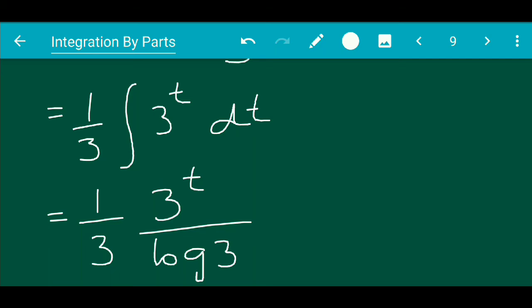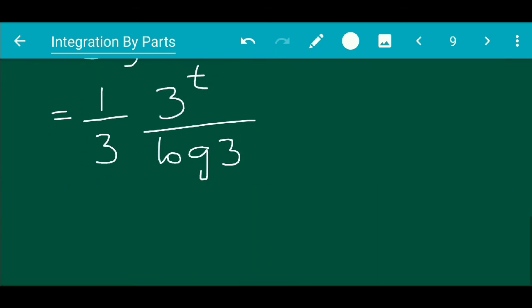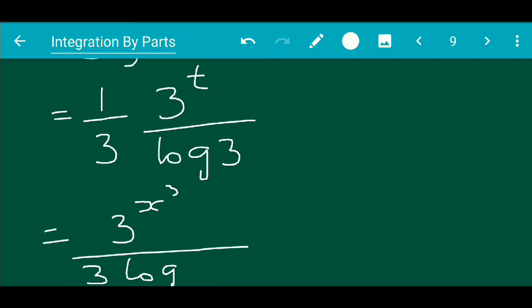So as a result, we can resubstitute over here and get our answer. So we get over here 3 raised to x cube upon 3 log 3. This becomes the answer for fill in the blanks. Choose the correct alternative. You can just check out the answer from those which are given and choose the correct one.